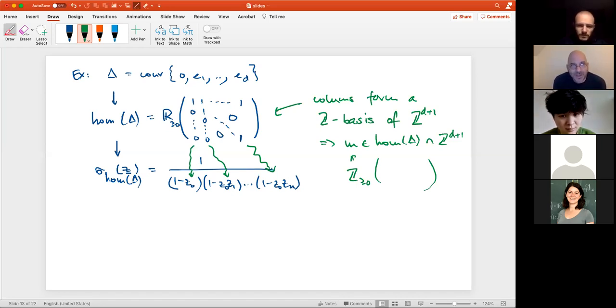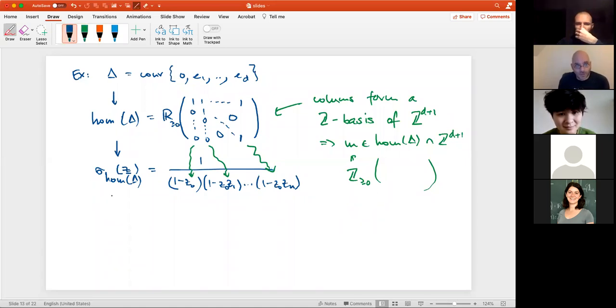General cones are not that nice, but in this case, I'm lucky. So you get this very compact form of the integer point transform, an infinite formal power series in d plus 1 variables.